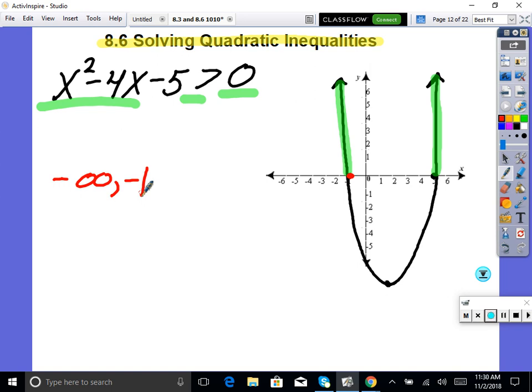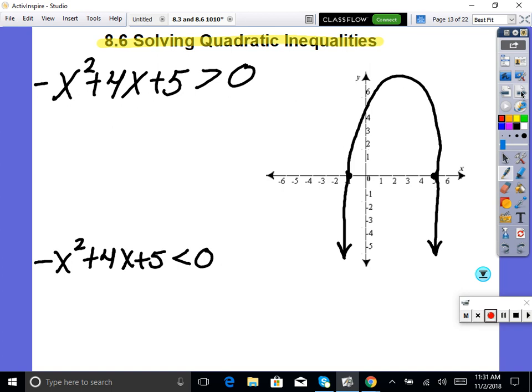That's when it's above 0 for y, right? And then, does it include 0, this one? No, so parenthesis always with infinity, union, and then doesn't it start from here? From 5 to infinity, it's above 0. Pretty easy, right? Especially if you have a graph. Does that make sense?